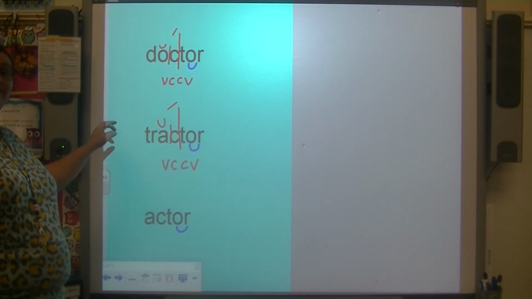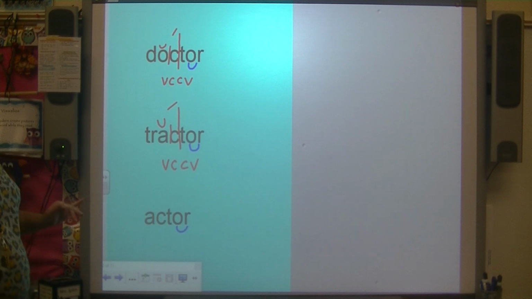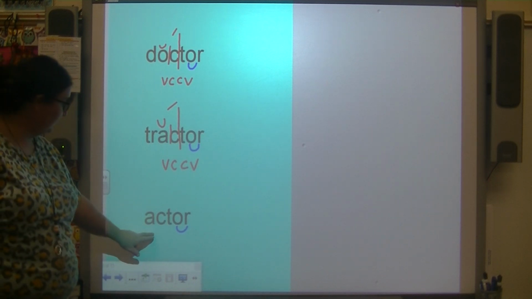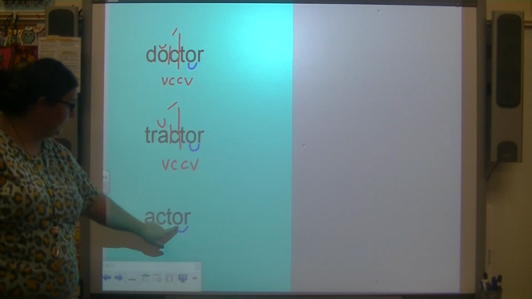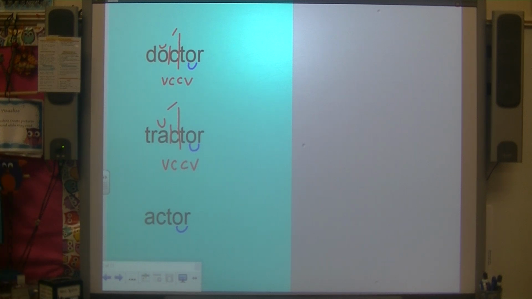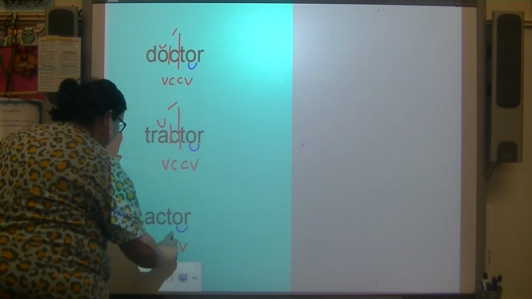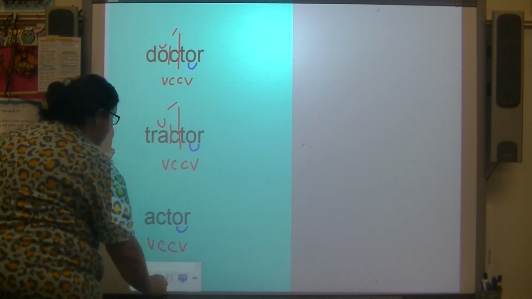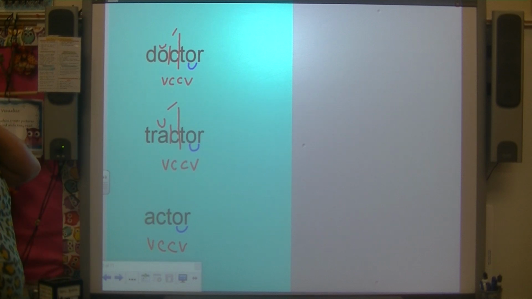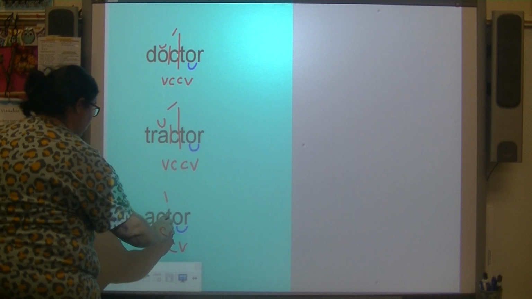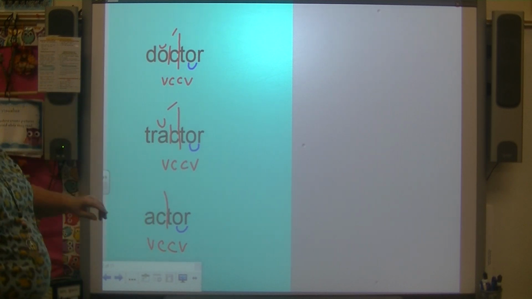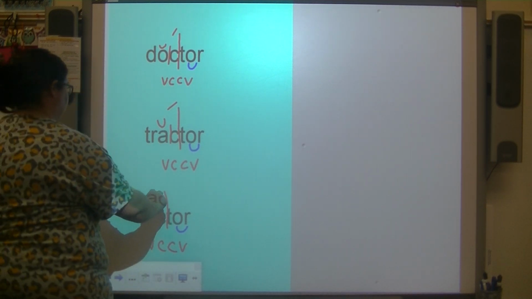Now, tractor. What word? Tractor. And then the next word, I have 2 vowels. So how many syllables? 2 syllables. I have another V, C, C, V pattern. I divide between my consonants. The accent is on the first syllable.